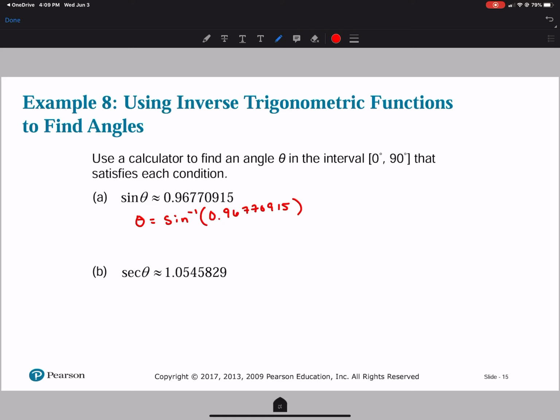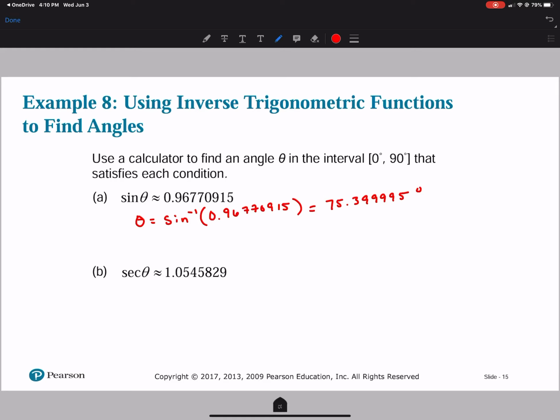And it gives us roughly, and I'm going to round this a little bit, 75.3999995 degrees.